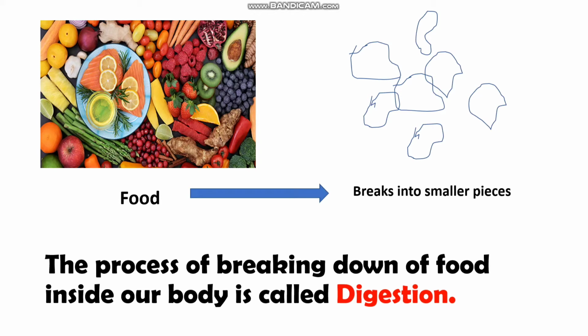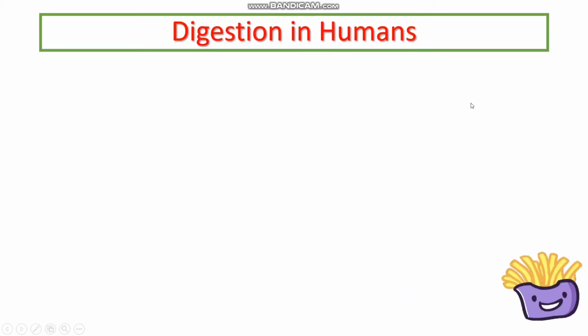Digestion takes place in a number of steps that I'll be explaining. So when we eat food, these foods are broken down into smaller pieces, and then how this food is spread to the whole body, that we will see in this video.